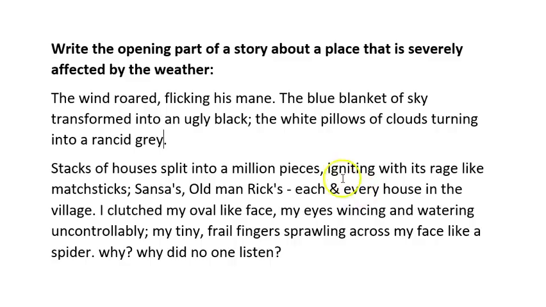Yep, so I've got this idea of something that was white has now been sullied by the weather. Now the problem I've got here, black is much darker than grey, and silver is much lighter than black. So actually I need a better word. And the problem, it turns out, is black. So I can get rid of it because the contrast I want is not with white, but with the blanket.